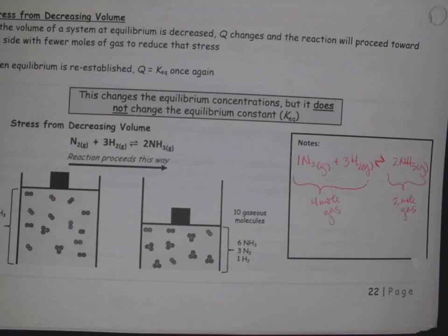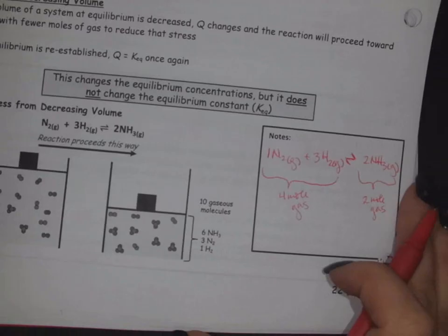Whenever you add a stress, whether it's increasing the pressure, concentrations, or temperature, the reaction responds by doing exactly the opposite. If I make the pressure higher, the reaction isn't going to make the pressure even higher. It's going to do something to make the pressure lower to get back to where it was before.